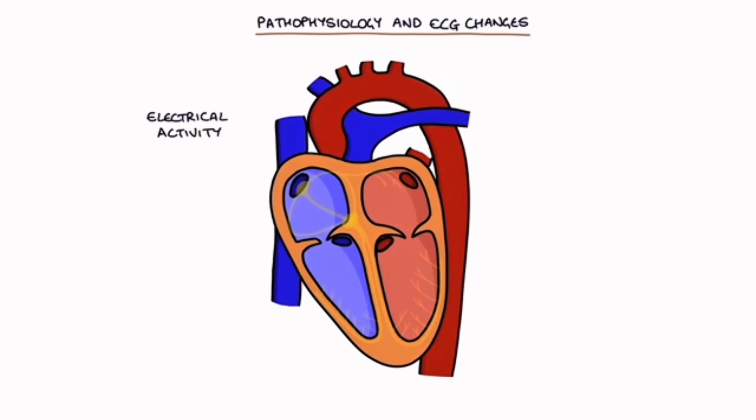Normally, the electrical activity of the heart starts in the sinoatrial node. The sinoatrial node acts as the heart's natural pacemaker, determining when the heart beats. It's located at the junction between the superior vena cava and the right atrium.